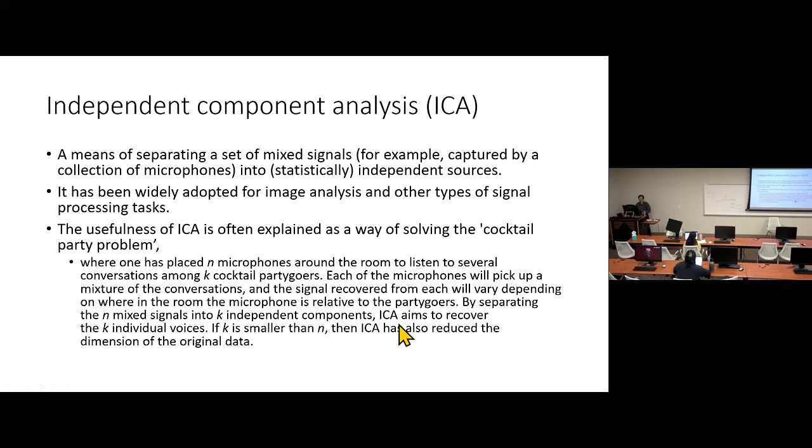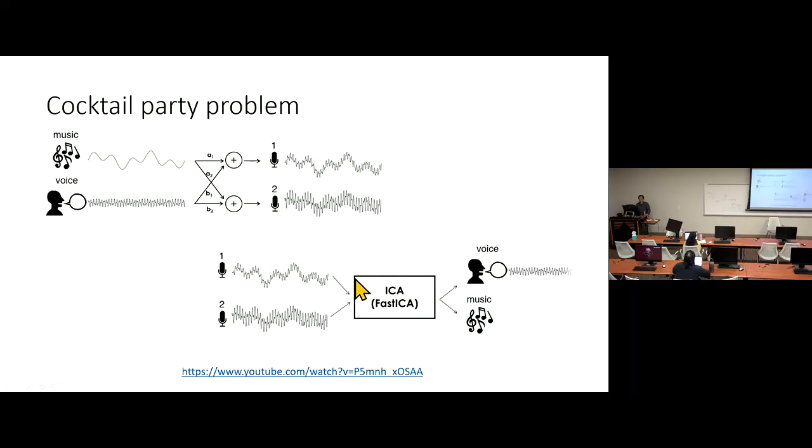Okay, so the last topic is independent component analysis. The idea is you have mixed information that you sampled. You believe there are two sources, so you sample two different locations twice. They are mixed in different ratios.